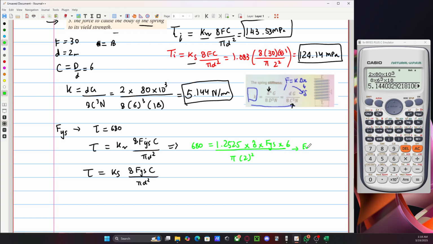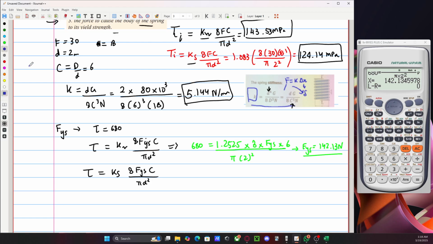Now, this is a cool thing you can do in the calculator: if you just do 680 alpha equal 1.2525 times 8 times alpha x, because we just want x, times 6 over pi times 2 squared, you do shift solve for x, and you get x as 142.13 newtons. So we get Fy 142.13 newtons.